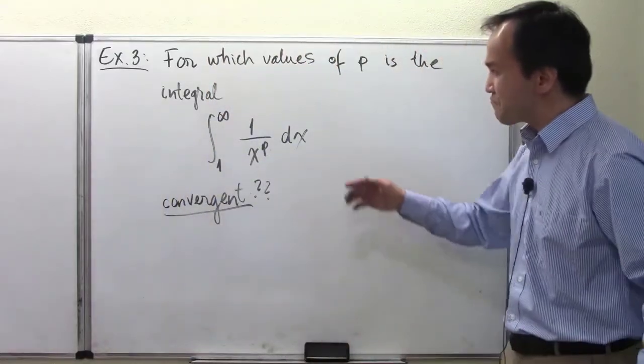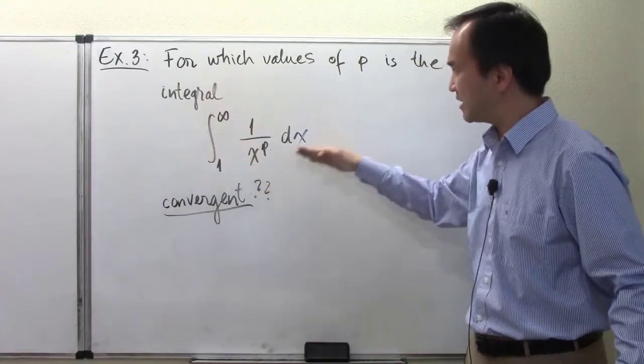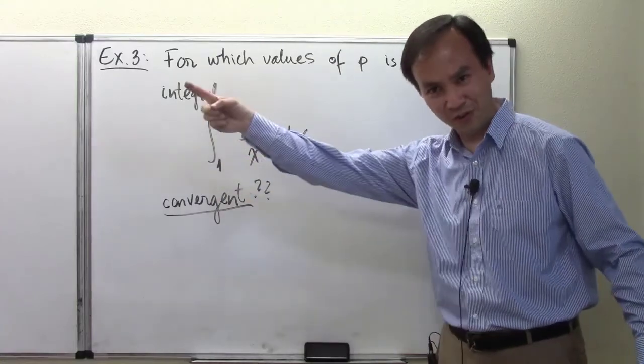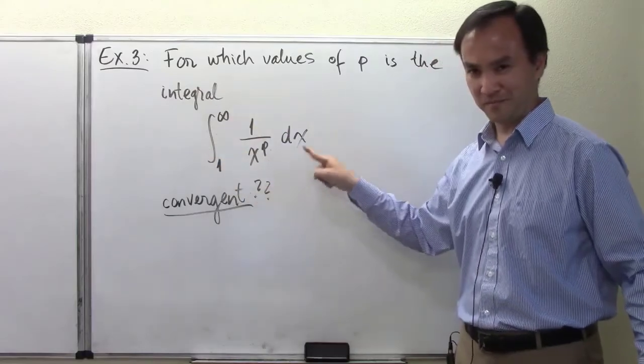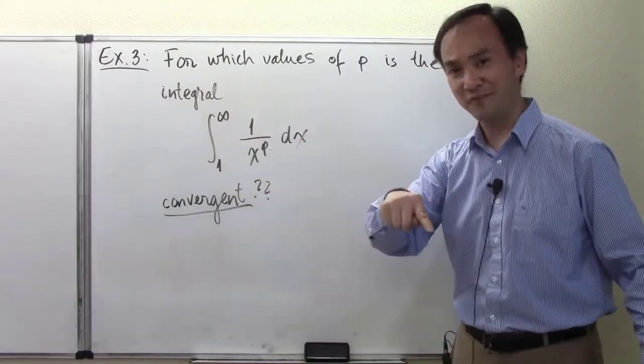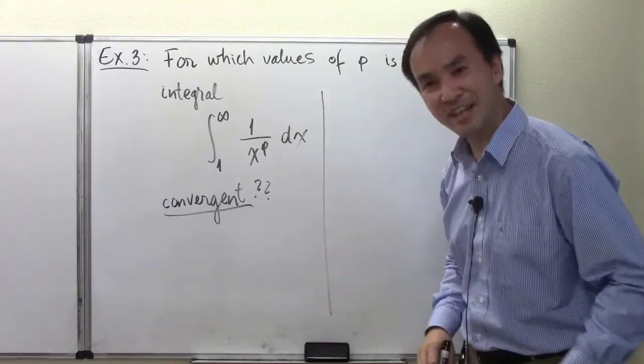Then for which values of p is this integral convergent? But we found so far that when p equals 1, this integral is not convergent, divergent indeed. So it's worth summarizing.